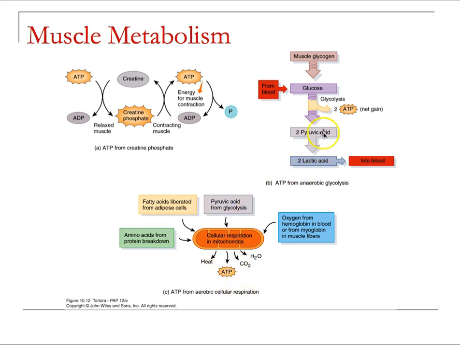And up here you can see normal glycolysis breaks down glucose to give us pyruvic acid. That pyruvic acid will now travel into the mitochondria where we make ATP. When we don't have any glucose or glycogen anymore, you can use fatty acids that can be liberated from adipocytes, or you can use amino acids from protein breakdown.